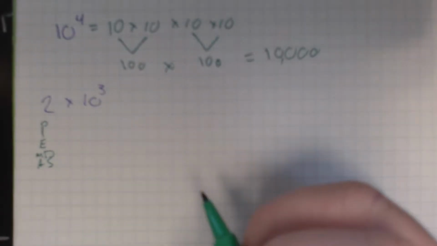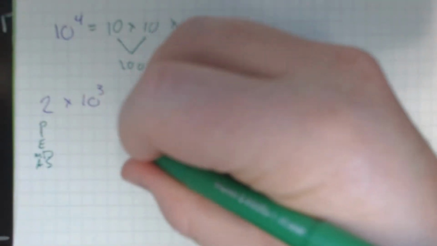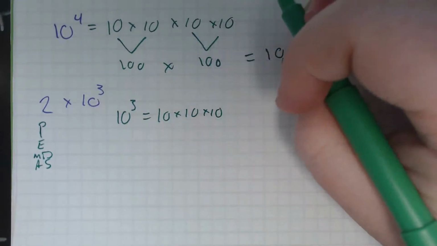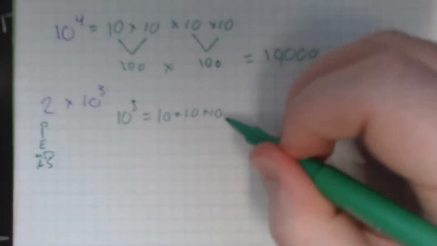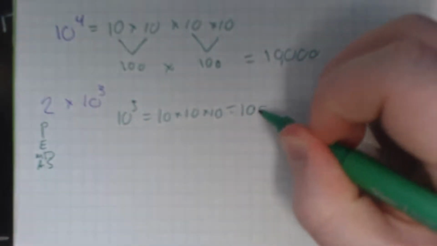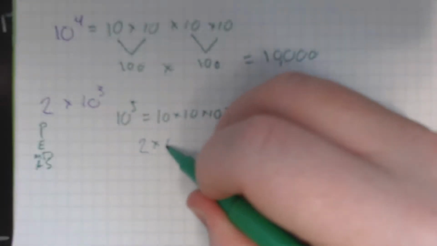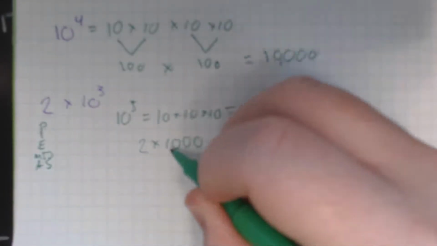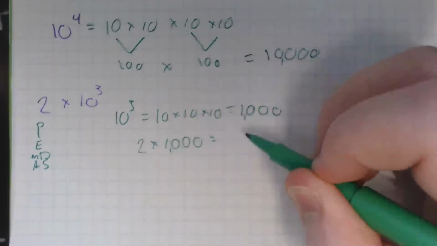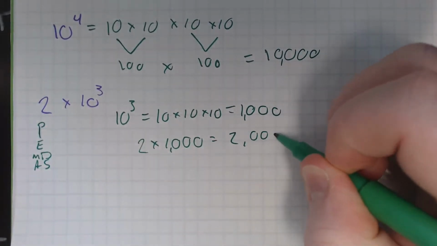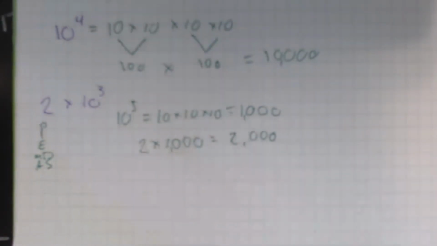So we leave the 2 alone and we solve for this. So we times 10. 10 times 10 is 100, times 10 is 1,000, because we have 3 zeros. So now we have 2 times 1,000, and we would get 2,000, because 2 times 1 and 3 zeros is 2,000.